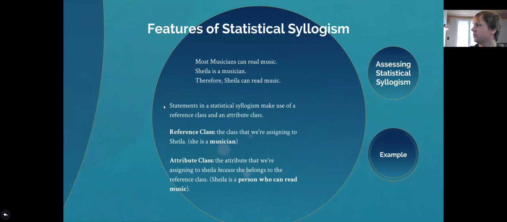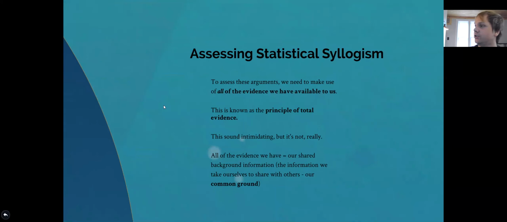Let's return to assessing statistical syllogisms. The main principle that we're going to deploy is what's called the principle of total evidence. The principle of total evidence simply says that we should make use of all of the evidence that we have available to us. That doesn't mean that you need to go out and find all of the evidence for any single subject matter, because we don't have the time for that in class.